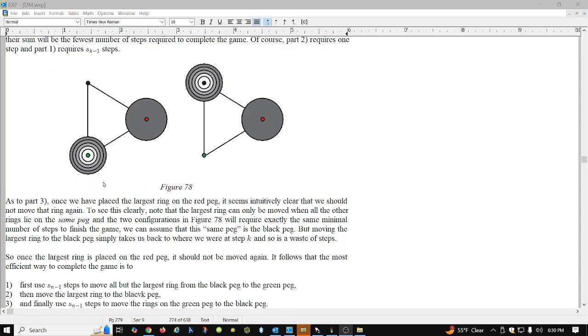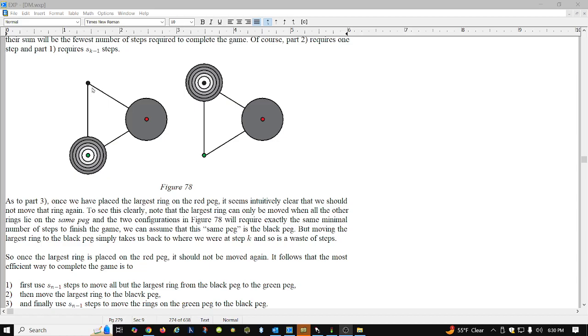Okay. Well, now looking at this, would it make any sense to move the largest ring again? It can only be done when we have this configuration. And if we move it up to the black peg, we've just backed up a step.